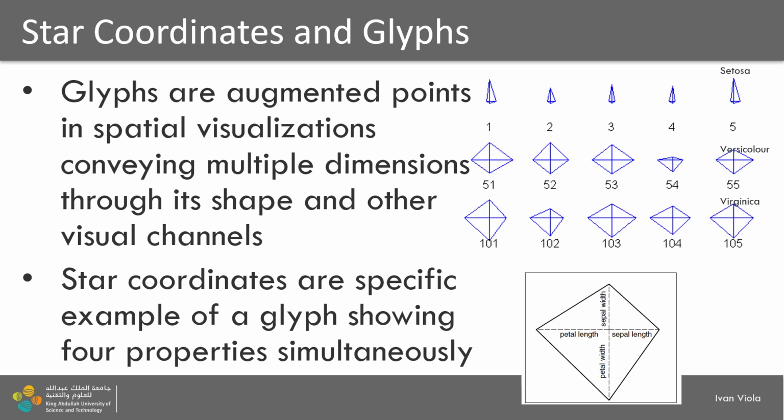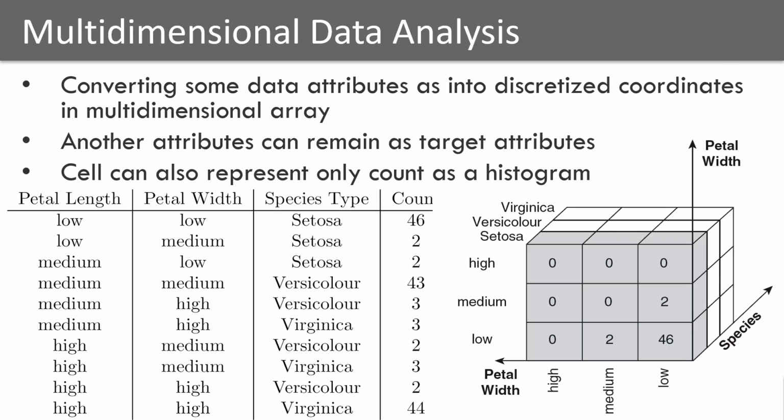Now we will look at the techniques which are used from the database community. How can we deal with and understand complex data sets by turning some of these data attributes into some kind of multi-dimensional arrays?